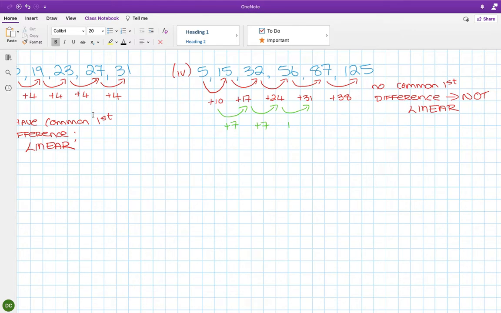And 31 to 38 is also 7. So we have a common second difference. So our sequence is quadratic.